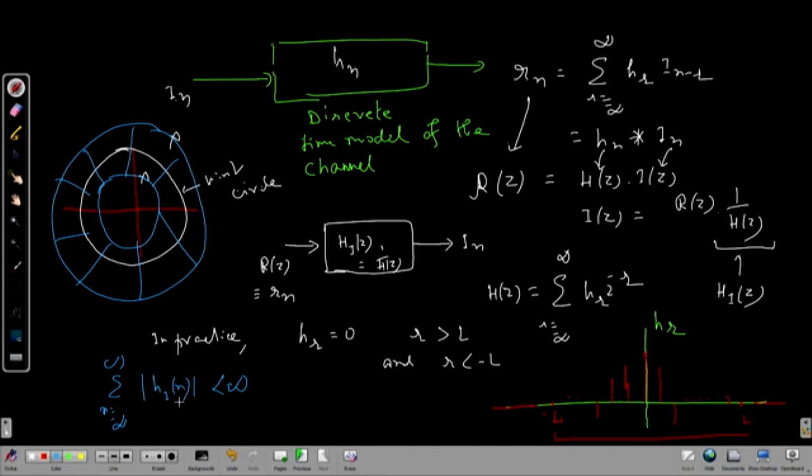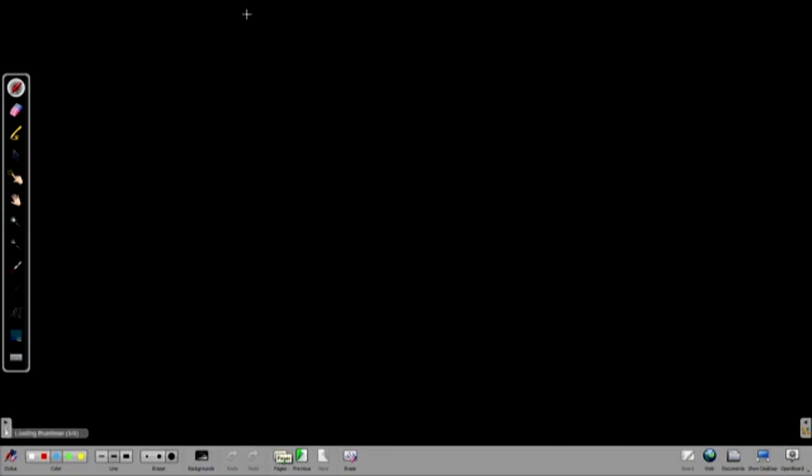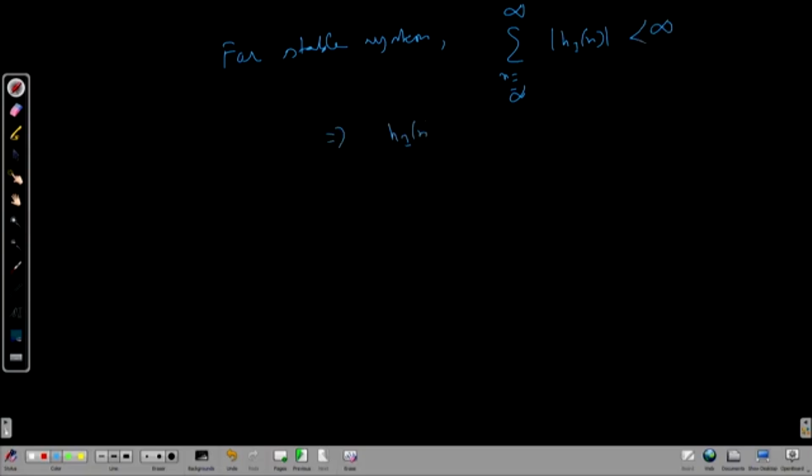Okay, the summation will not be finite, which means for a stable system, since we need this, it implies Hin tends to 0 as n tends to plus or minus infinity.